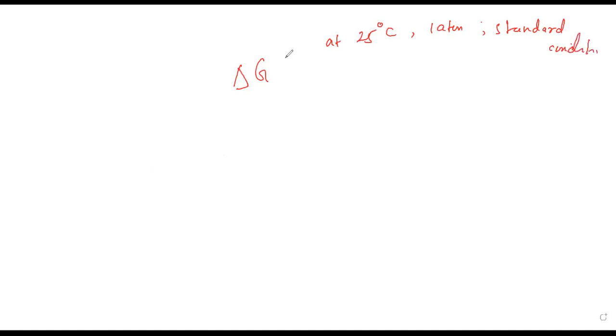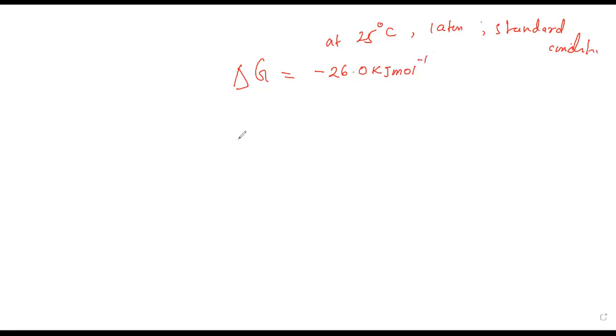Under standard condition, they have measured the Gibbs free energy as minus 26.0 kilojoule mole minus 1. Calculate the entropy change.